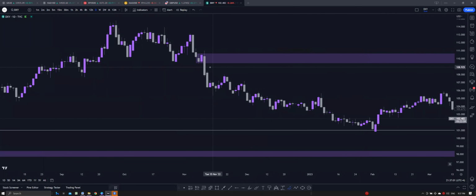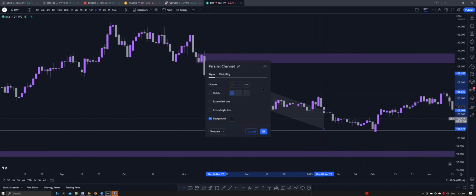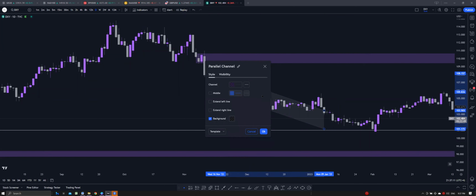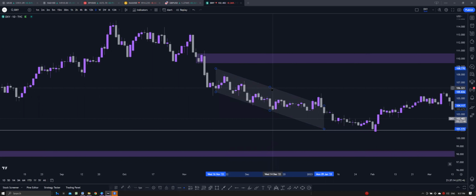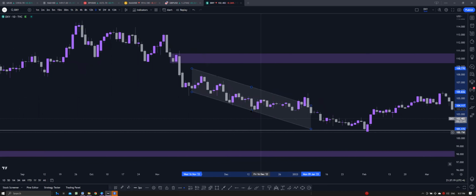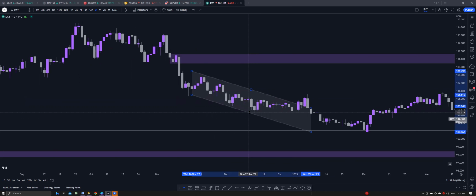So if I had to draw it out, you see how in this particular example, price is stuck inside a certain channel here. And you see how price keeps bouncing off the channel over and over again, not breaking through, and eventually finds a small breakthrough there.